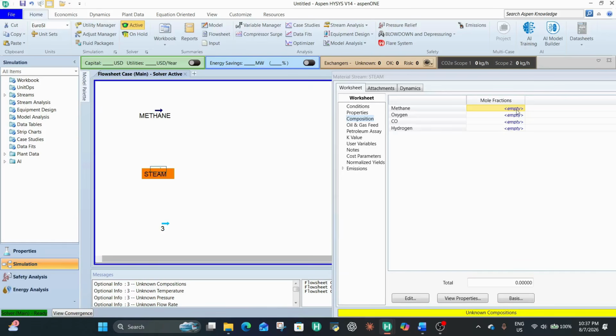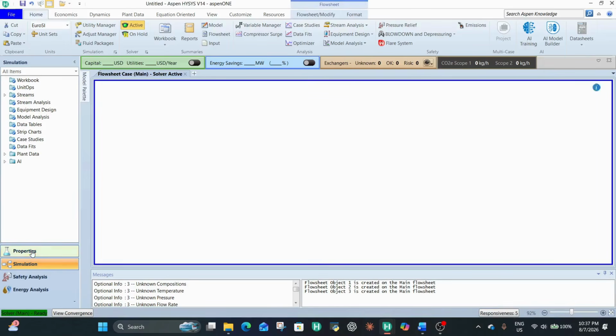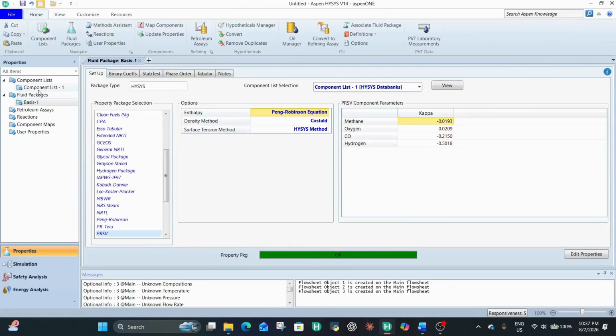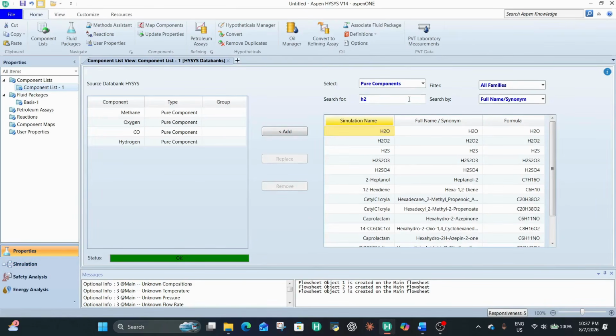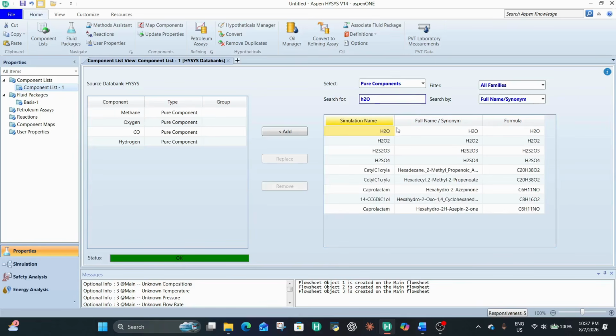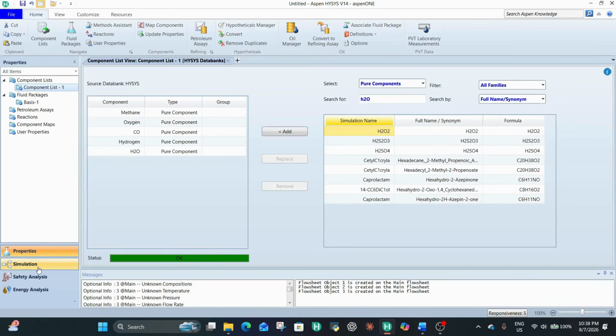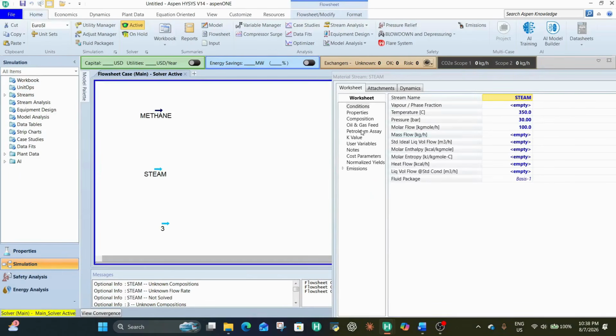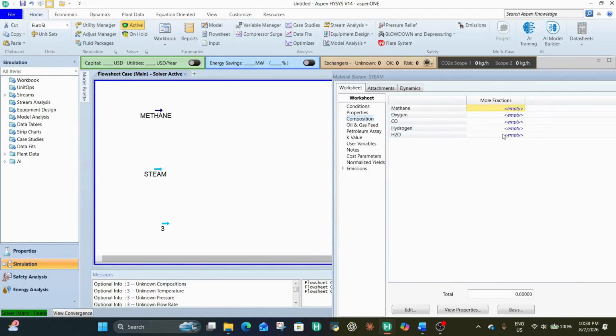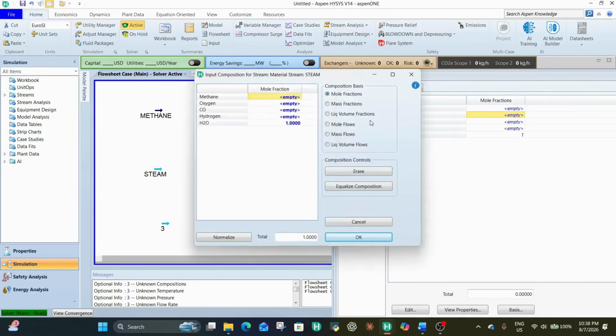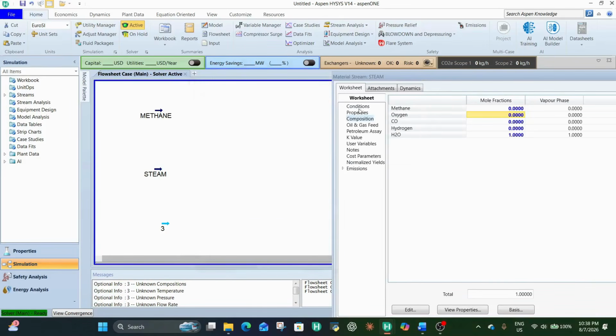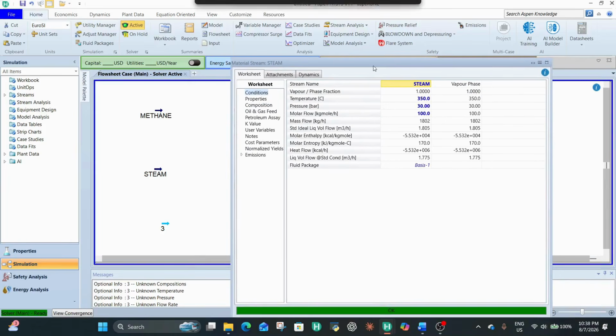Well, would you look at that? We forgot to add water as a component, so you could just go back and do that. Much better. And as you can see, it reflects, so mole fraction 1, steam generated.